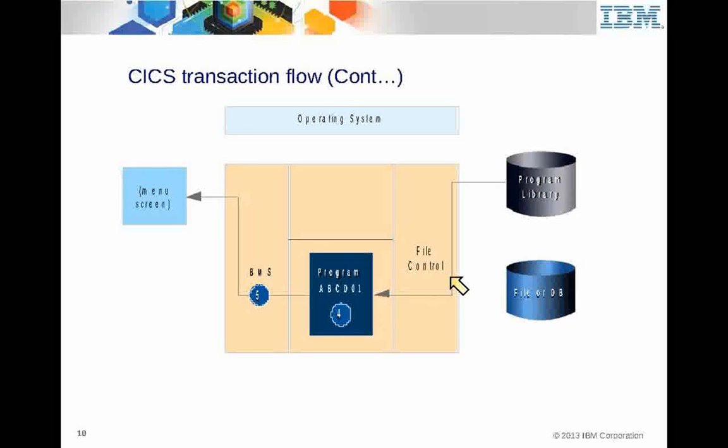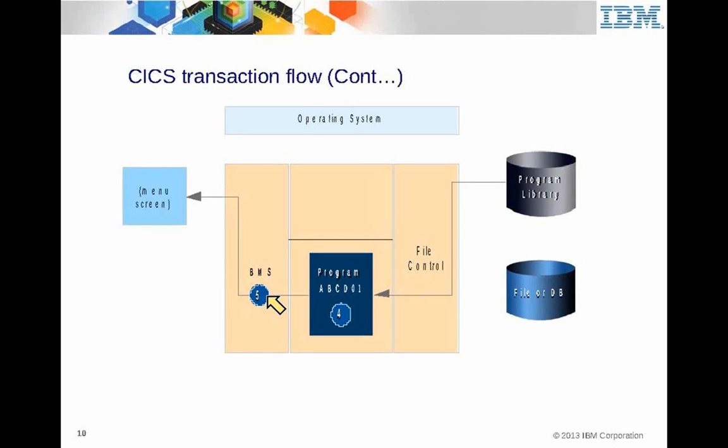So the transaction would cause a program to be loaded into the message region area. Now this thing called BMS, this is a CICS component called Basic Mapping Support, and it's actually for configuring 3270 screens. And that's part of the application.